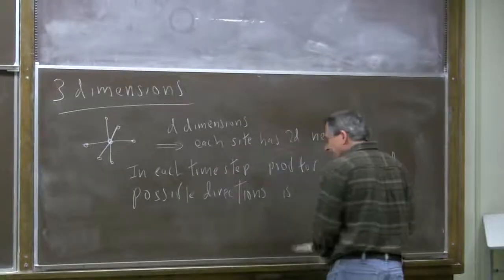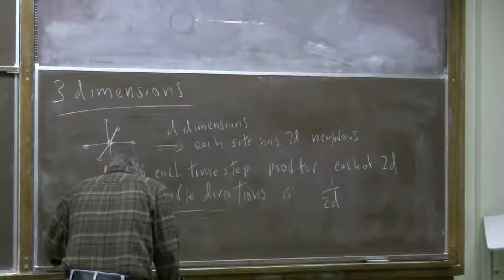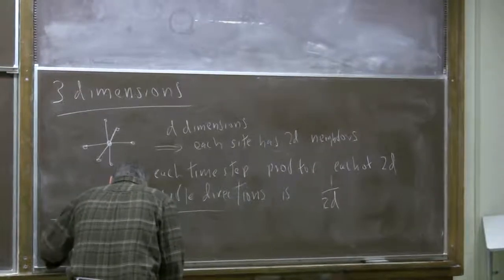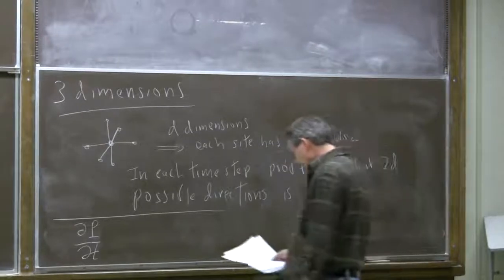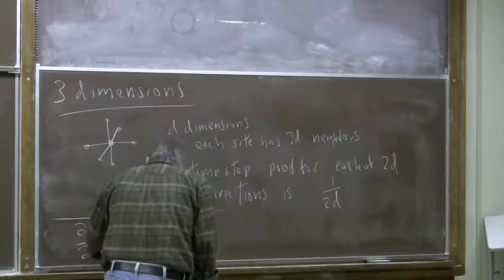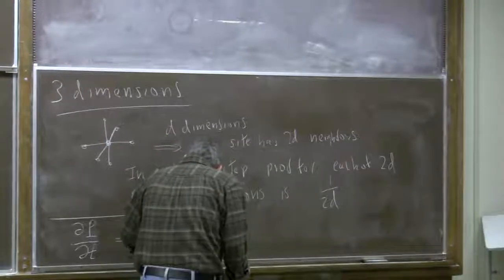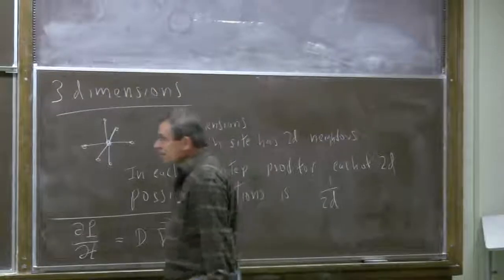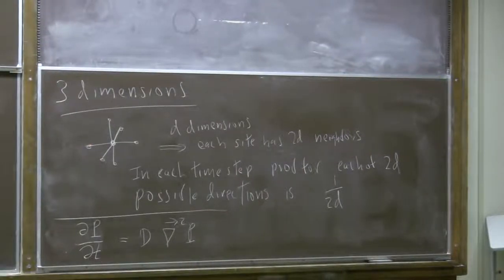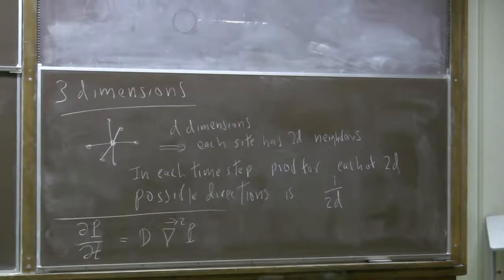So we will again get a diffusion equation. The probability distribution will obey the differential equation if we take the same formal continuum limit, delta and epsilon going to 0 as before. The time derivative of the probability is the diffusion constant times the gradient squared of p, because I'll have different second derivatives for each one of the 3 directions, x, y, and z.